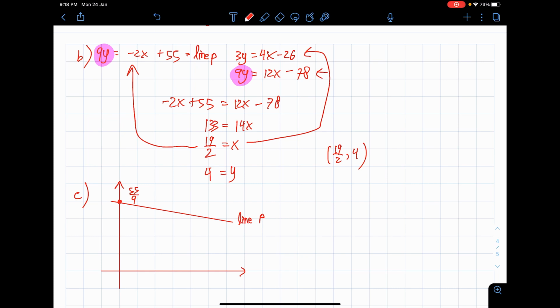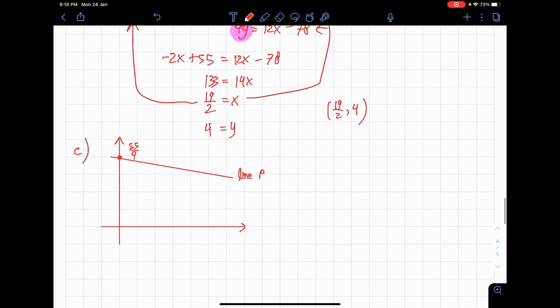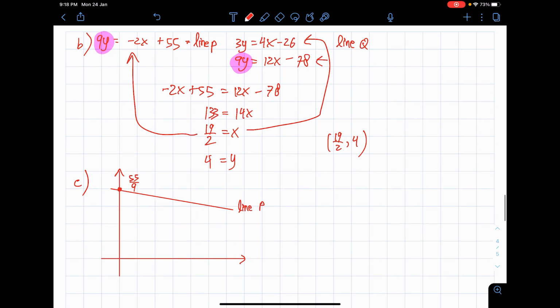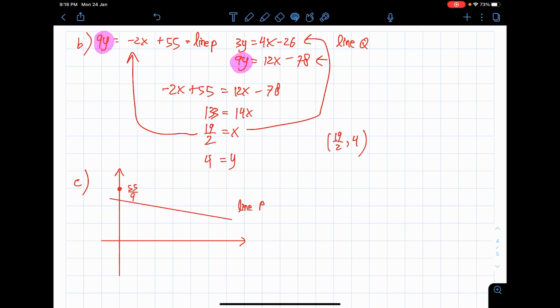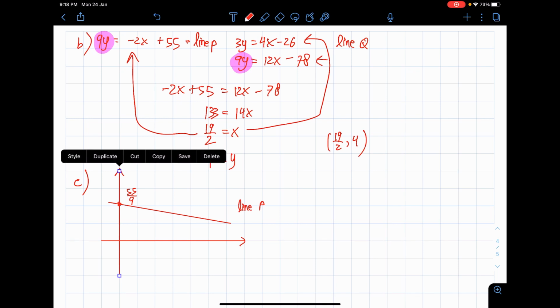And then the next one here is the line of Q, positive gradient, 4 over 3, but the y-intercept is negative 26 over 3, so it's on the negative side. Okay, in that case I want to move this a little bit up there. Maybe, you know what, maybe we need to move this down a little bit more, like this, and then negative 8 and 2 over 3.